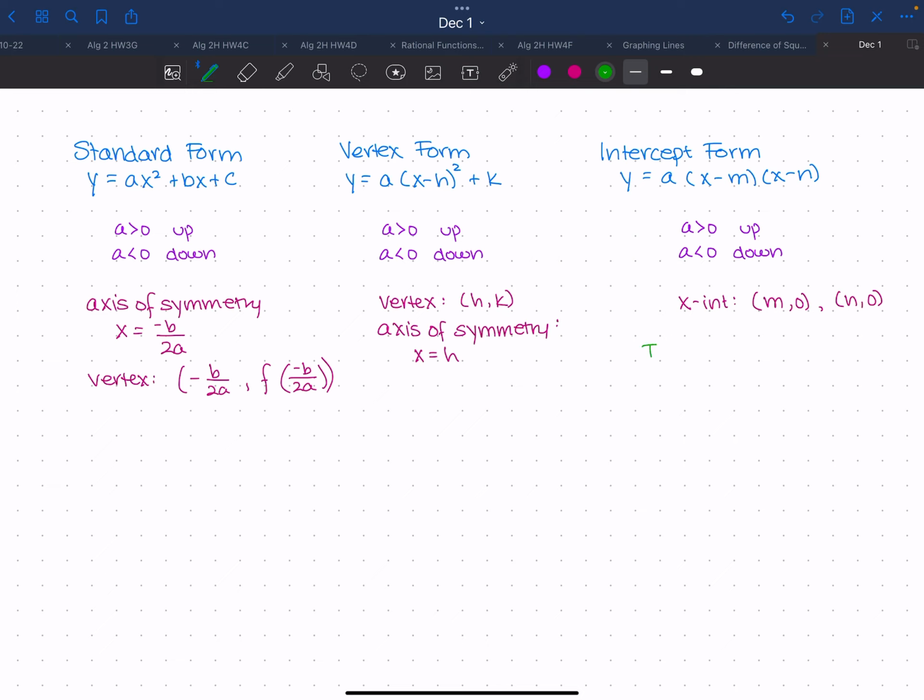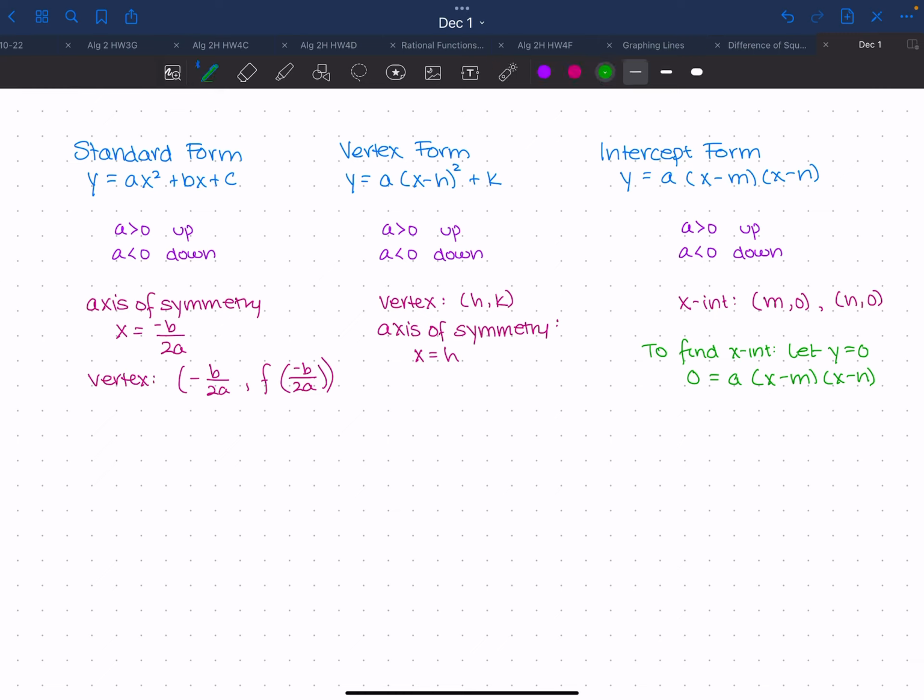Well, remember to find the x-intercepts, you always let y equal 0. And if I let y equal 0 in intercept form, just replacing this y with a 0, it's now in factored form.